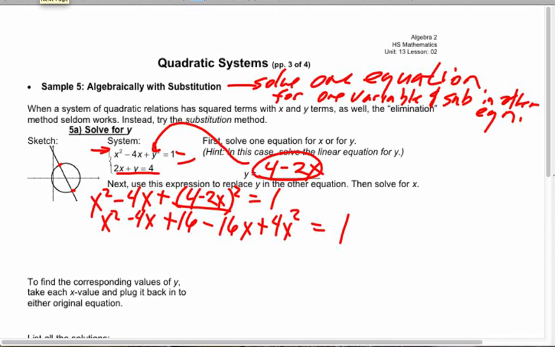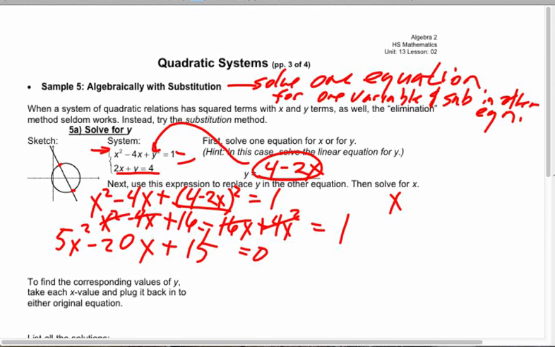And then I combine all of my like terms. So I'm going to end up with a 5x squared, negative 4x minus 16x is going to give me a negative 20x. And then this has to equal 0, so we need to subtract the 1 over, plus 15. All right, now I notice I can take a 5 out of all of this, so I'm going to divide everything by 5, so it's going to give me x squared minus 4x plus 3 equals 0.